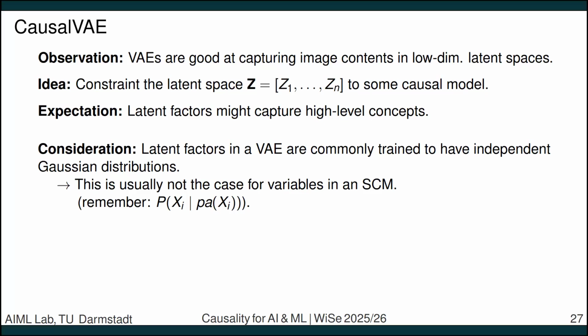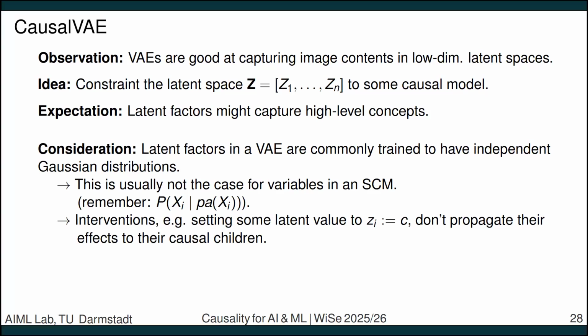But if we think about it a bit more, and think back to our normalizing flows, we had a set of variables within our SEM which are independent, and these are particularly the exogenous noise variables.